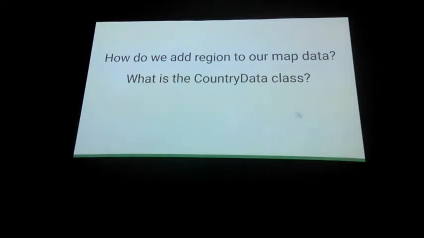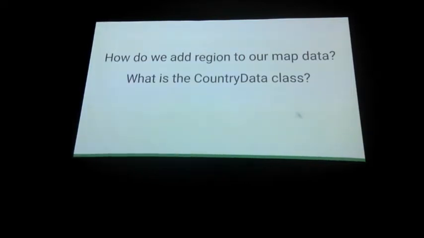But the real problem is organizing the data, basically reformatting the data to an array of country data objects. So for those of you that I was helping during office hours, does the country data object make sense now? Okay, cool.